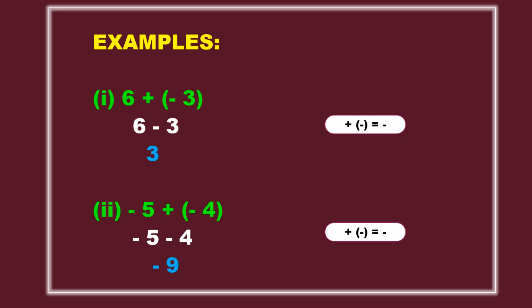Clear? So let us take some more examples. Here is your third example: minus 2 minus of 3. Okay, so you may ask me one question: here no symbol is there, then why put the brackets? Sometimes, to confuse you people, they will give the number in brackets without any symbol also.